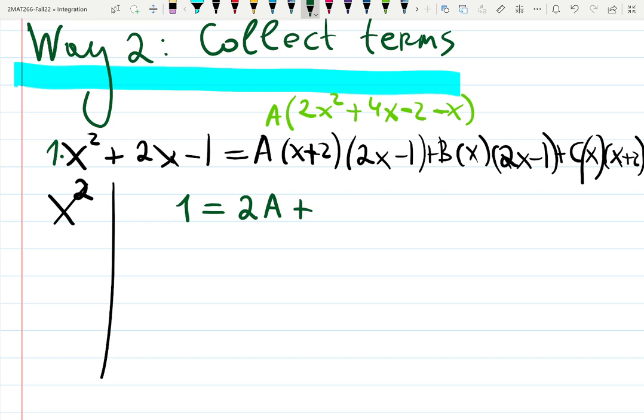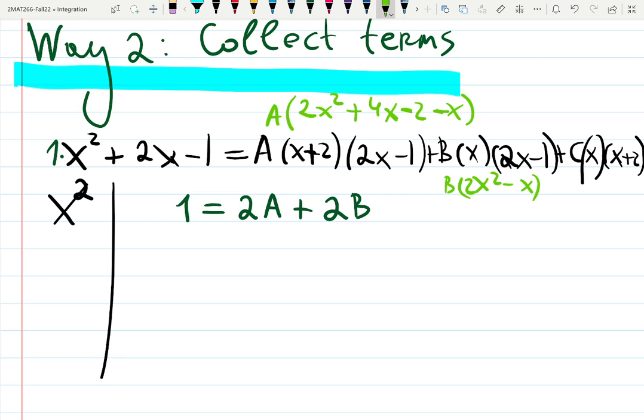Then, I will not distribute bx(2x minus 1). What is standing in front of x squared there? 2b. You can do it in your head. Some people say, I don't want to do it in my head. But actually, you can. Some of you have lack of confidence in algebra, and I need to tell you that you can do that. Just do it. It is x, 2x squared minus 2, times b, but again minus x.